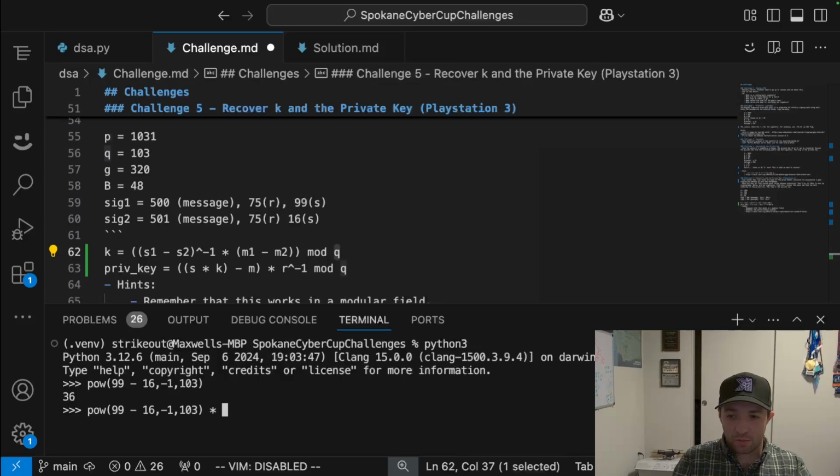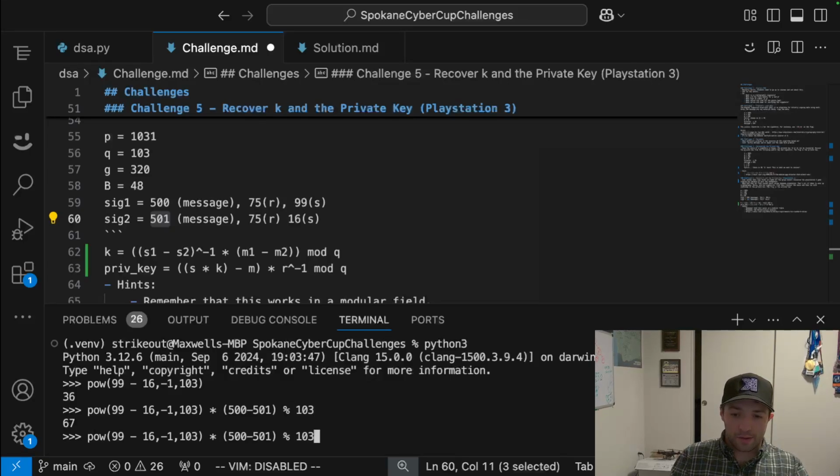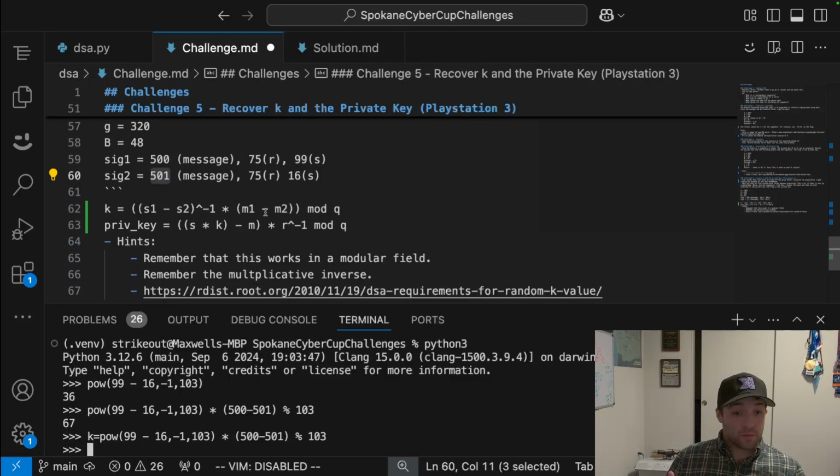And then we need to multiply that by 500 minus 501, because that is the first message and second message. And then we need to mod that by 103. Cool. So that ends up being 67. So this is our K value.